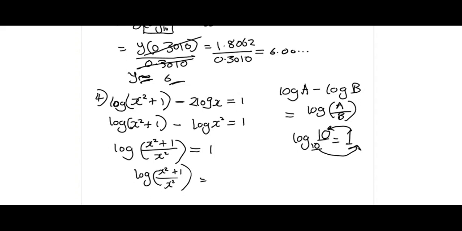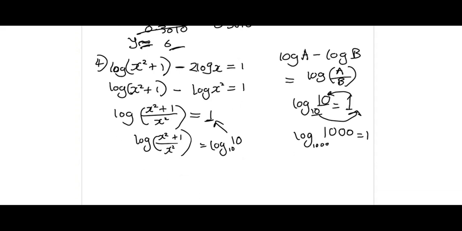So the logarithm of any number, no matter what that number is, 100, 1000, as far as the base is the same as the number, you always have 1. So we can replace this 1 here with log 10 base 10, because log 10 base 10 will still give us 1.